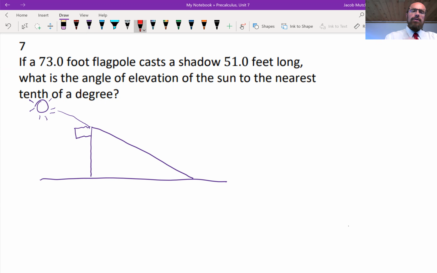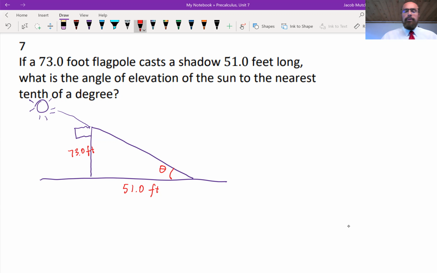So the dimensions that I know are the height of the flagpole at 73.0 feet. I also know that this distance of the shadow, so this is not to scale, but it gives us an idea about the setup, is 51.0 feet. And what we're looking for is the angle of elevation theta.